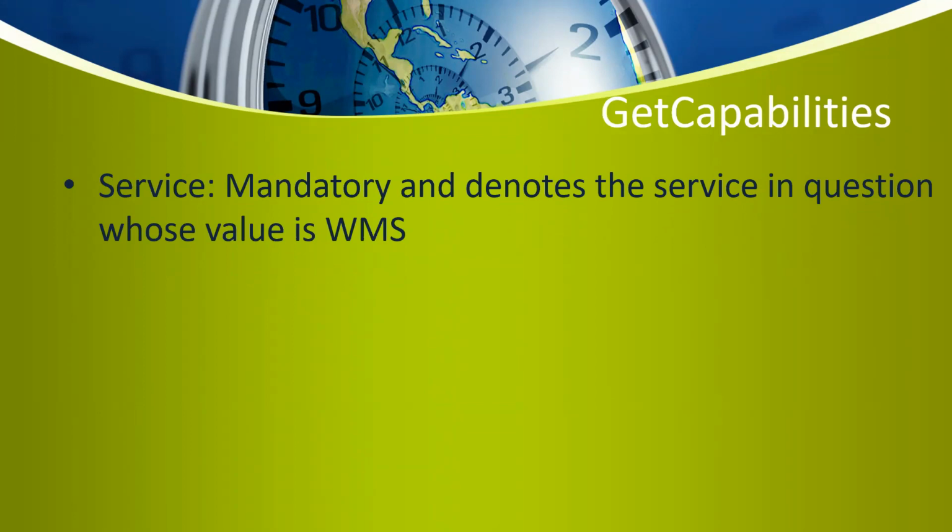It is mandatory and denotes the service in question. In this case, since we are talking about the WMS, that should be the service. You can also refer to the text document that you have downloaded with the data. You'll notice that in some of those, you'll see something like service equals WMS, or request equals GetCapabilities.